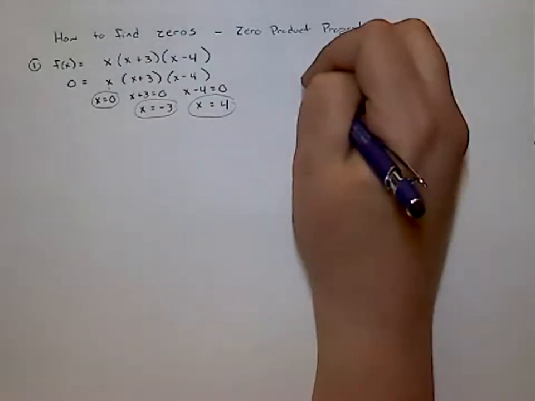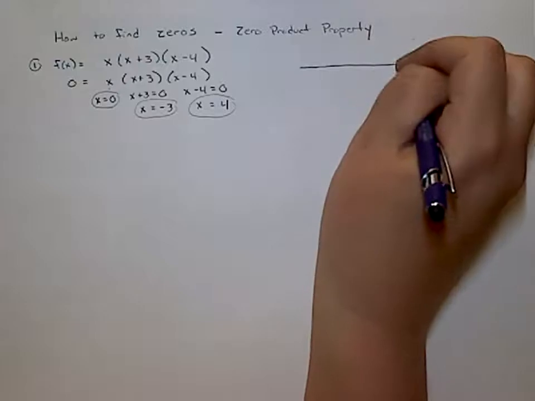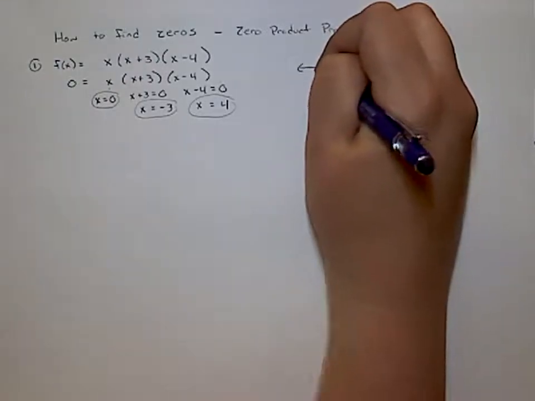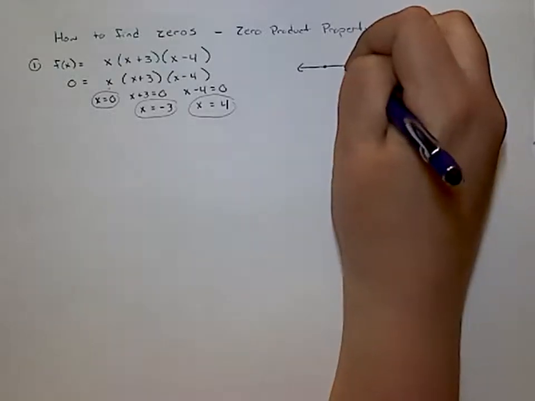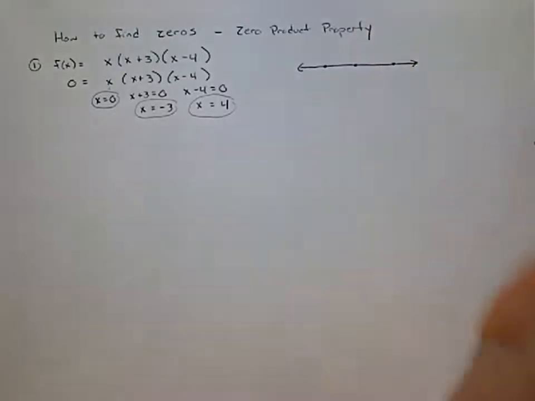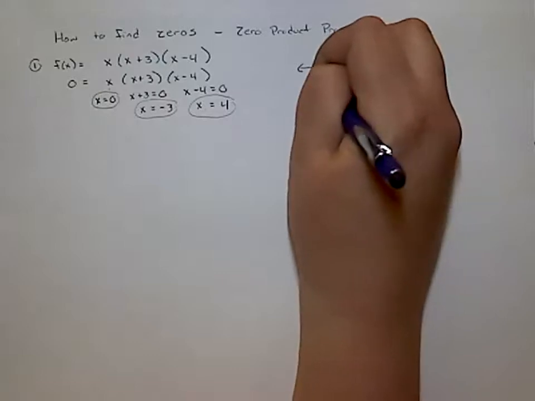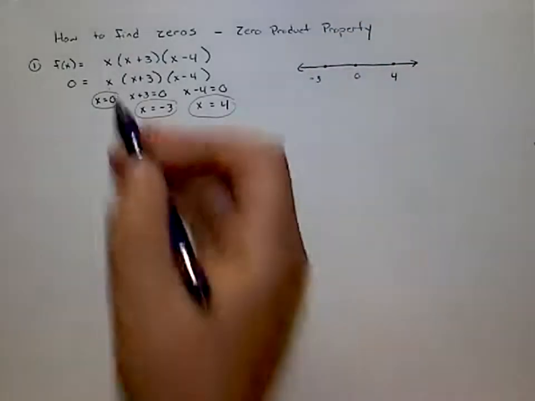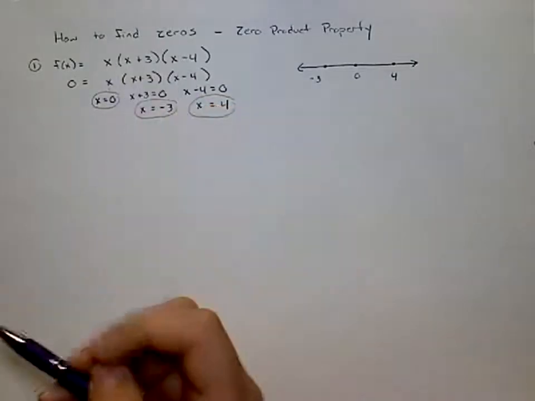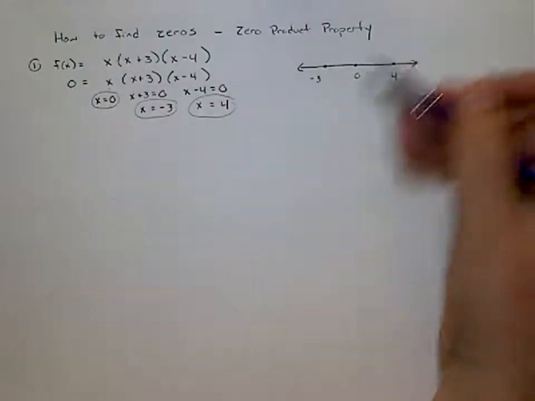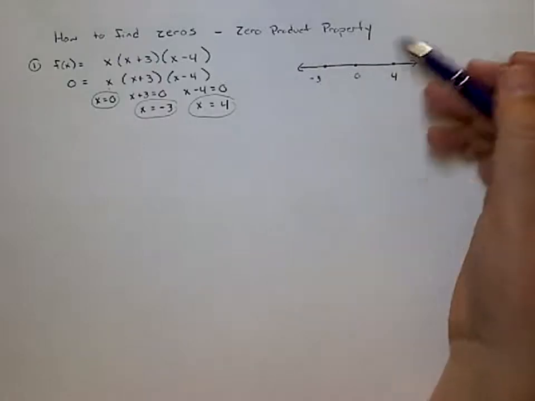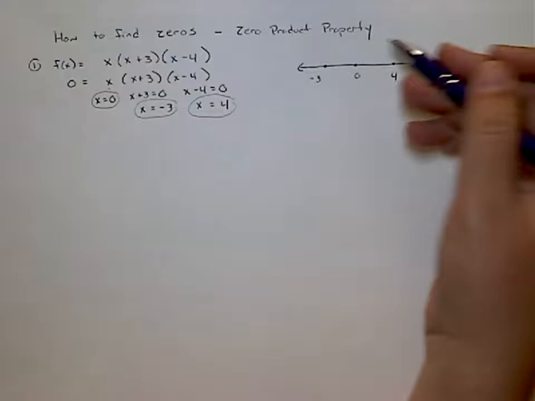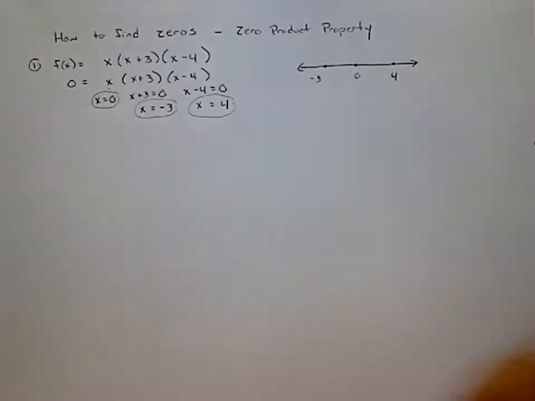What this means is that our polynomial is going to cross at negative 3, 0, and 4. Now, this is a cubic, so we have a degree of 3. So our ending behaviors are going to be opposite, and it has a positive leading coefficient, so it goes up.